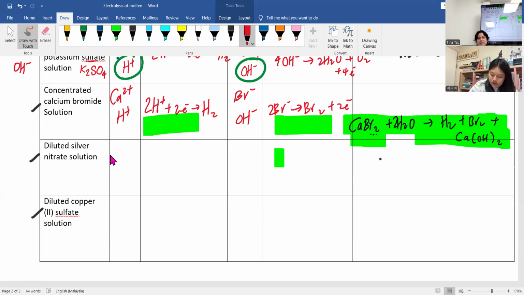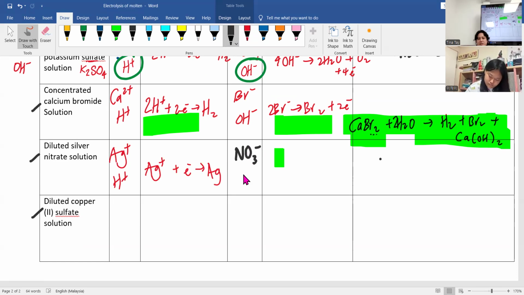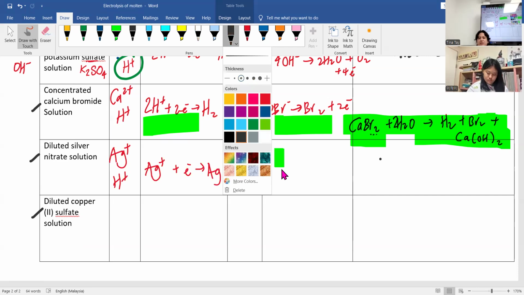Okay. Silver nitrate. So this one is hydroxide.